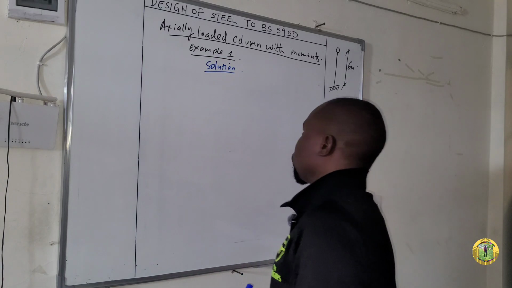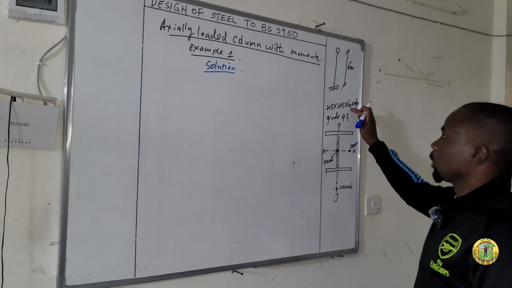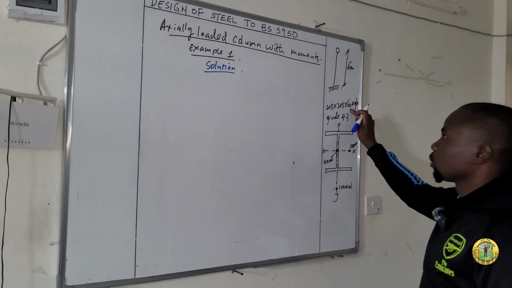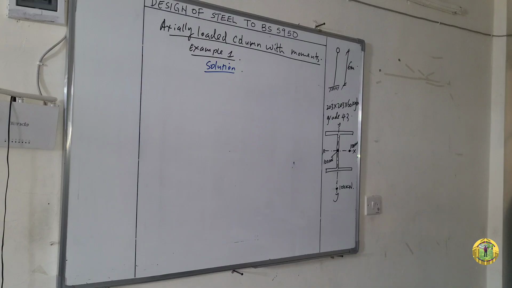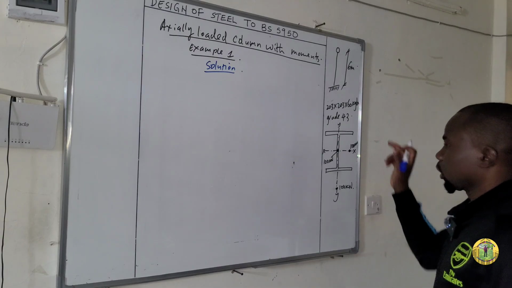The first thing to do is to go to the table of universal columns and obtain properties for the size you have been given, so that the properties will help you to check the adequacy of this section.